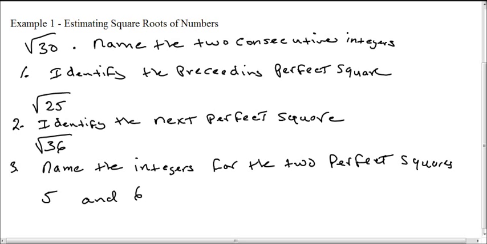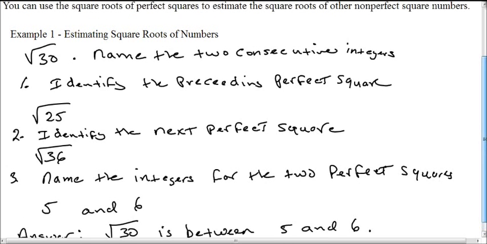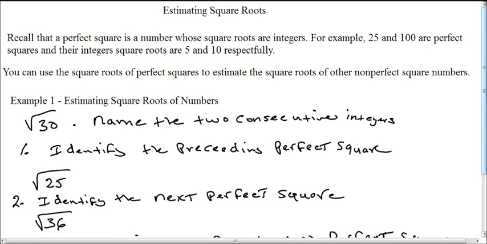So our answer, and that's all they're asking us for, is the two integers that it falls between. Our answer would be the square root of 30 is between 5 and 6. Estimating square roots.